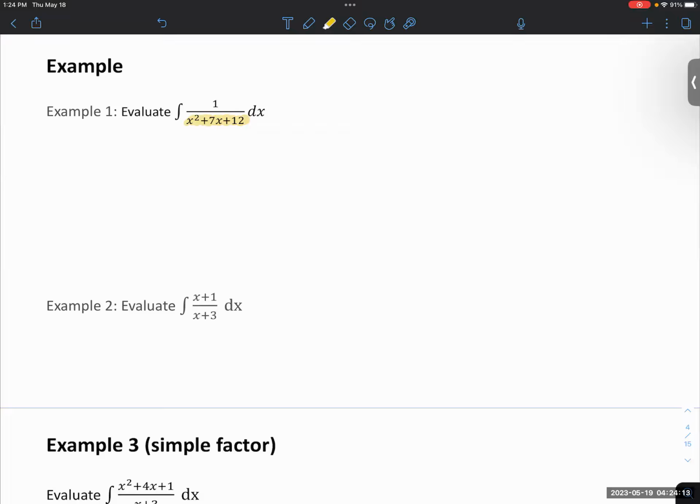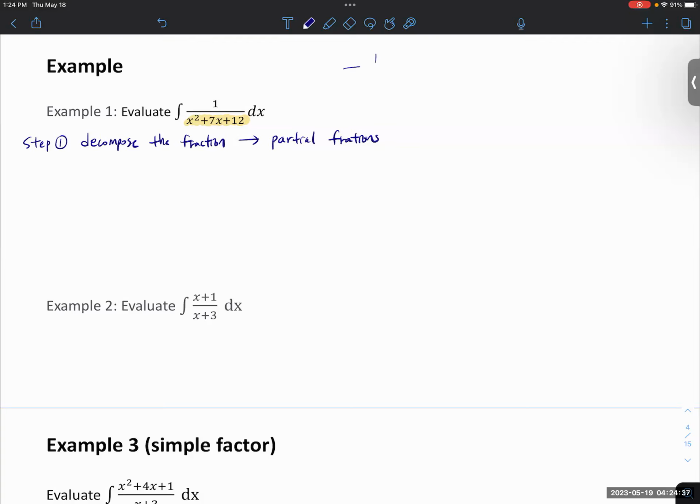So step 1 is you're going to decompose the fraction. You will be able to find the partial fractions of 1 over x squared plus 7x plus 12.